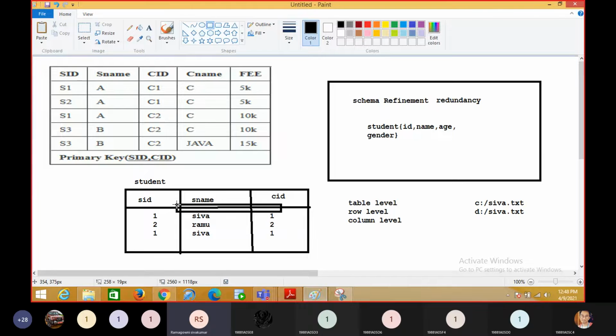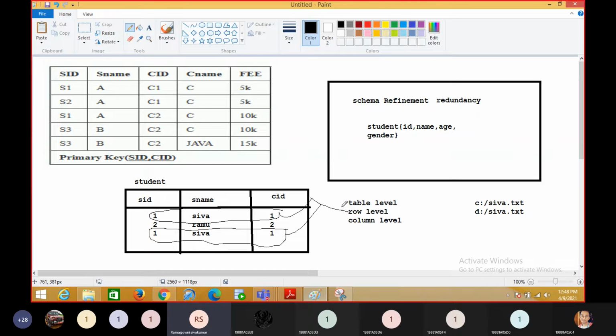Are you finding the row level redundancy? See, this is the row we have. The same row is available in this table with the same data. So this is called row level redundancy.